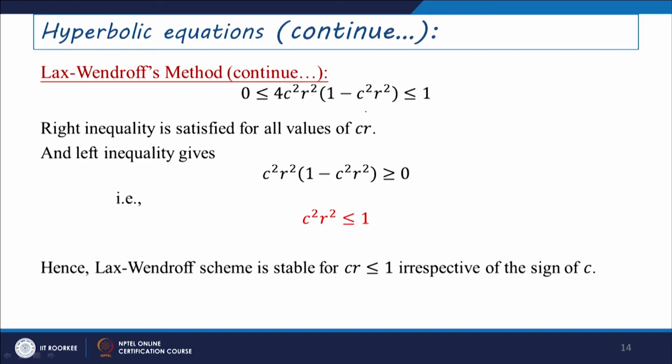So, to get the solution using this Lax-Wendroff scheme, we consider an example: del u by del t plus del u by del x equals 0 with boundary conditions u of x 0 equals x and u of 0 t equals t.